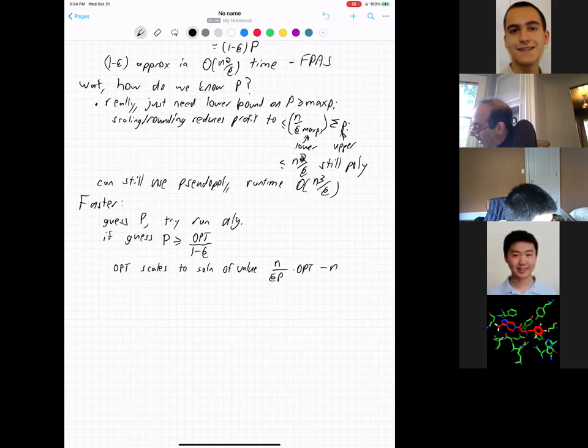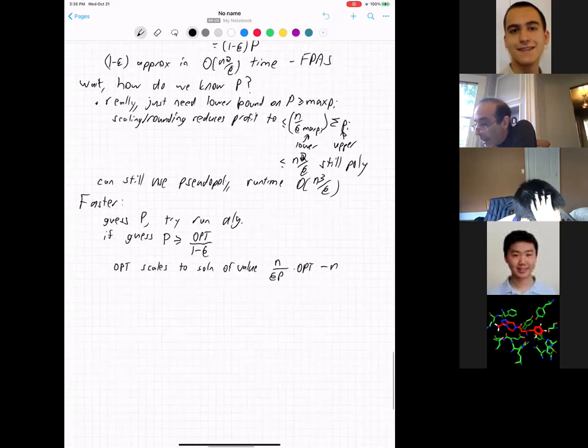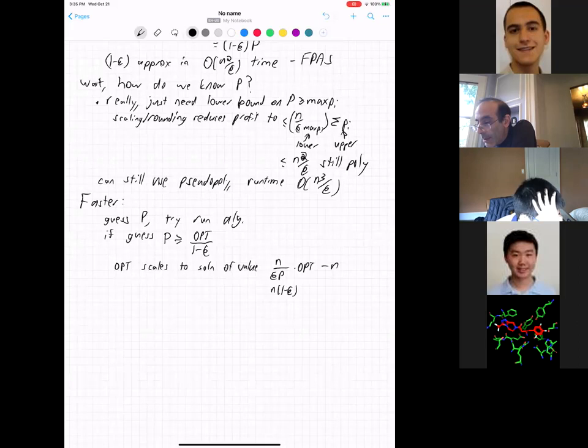We already sort of saw that. But now P is like opt over 1 minus epsilon. So this turns into a value of n times 1 minus epsilon.